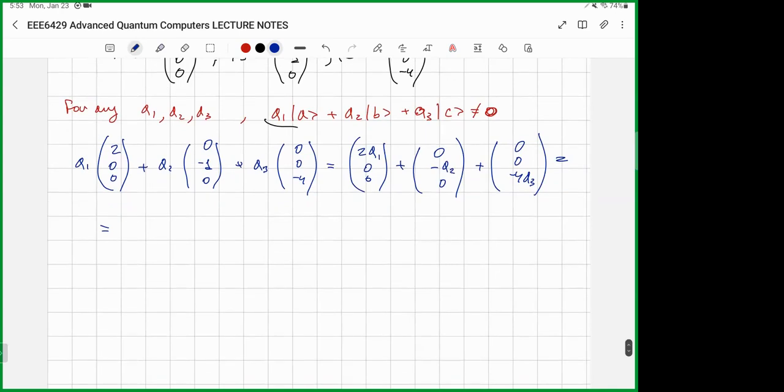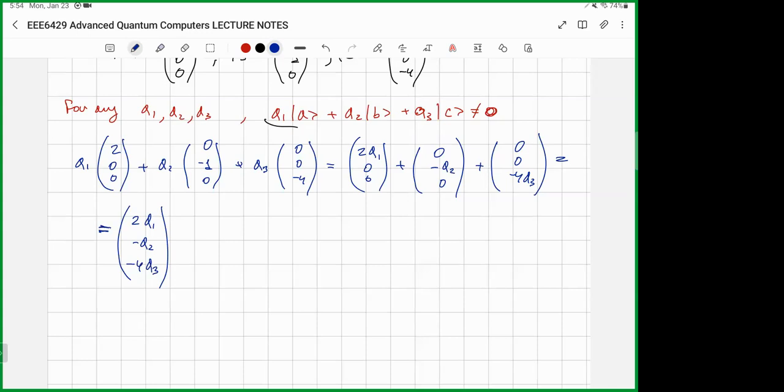And this is the sum of three vectors. How do we find it? Basically the sum of each component of all corresponding components. The first one is 2a1 plus 0 plus 0. The second one is 0 minus a2 plus 0. And the third is 0, 0 minus 4a3. Right.